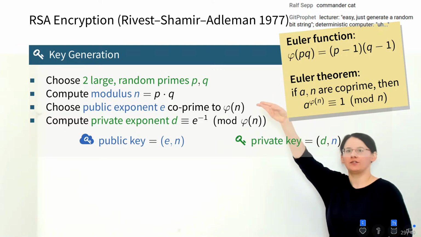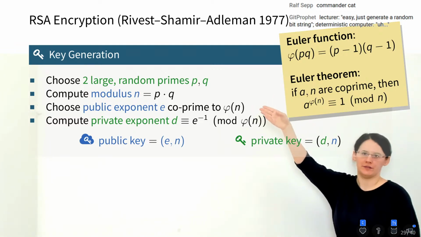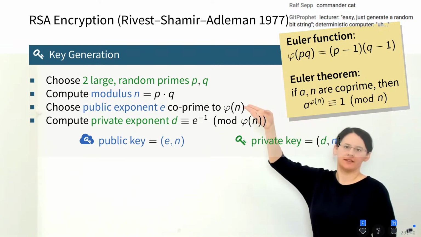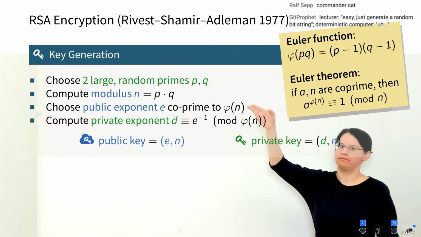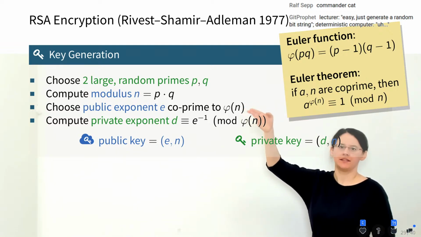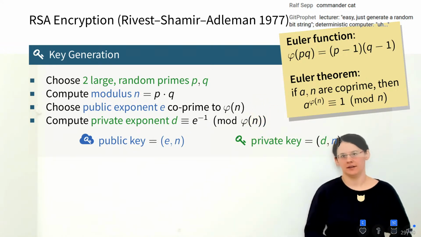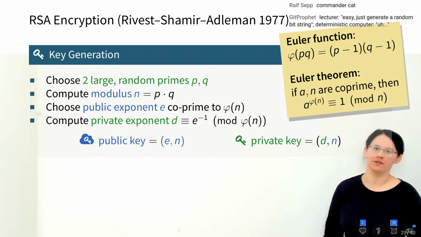So notice it's not relatively prime to n, but it's relatively prime to phi of n. What's good here is that this number doesn't actually need to be random. You can also just pick something like 17. So it doesn't contribute to the security if this is a known number. And one of the most frequently used numbers is 65,000 something.